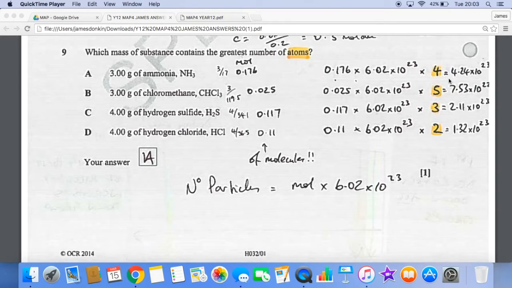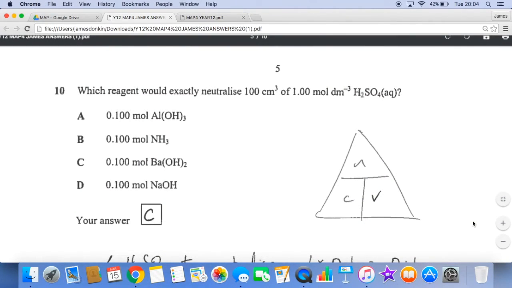We're going to do that for all 4 of these chemicals, and so you can see that the largest number is actually this one here, A. 4.24 times 10 to the 23 atoms, so that's the biggest of all of those, and so the answer was A.